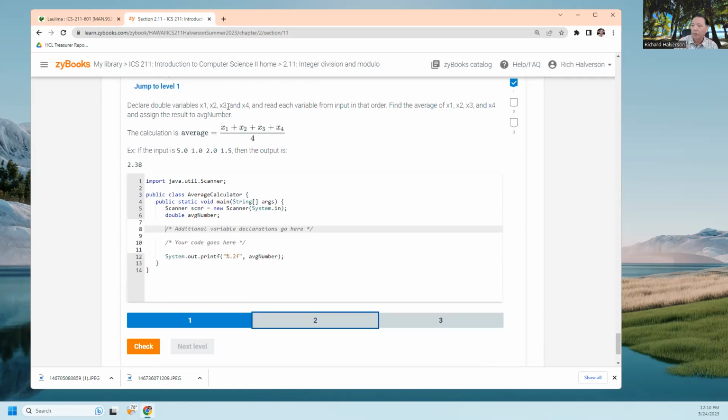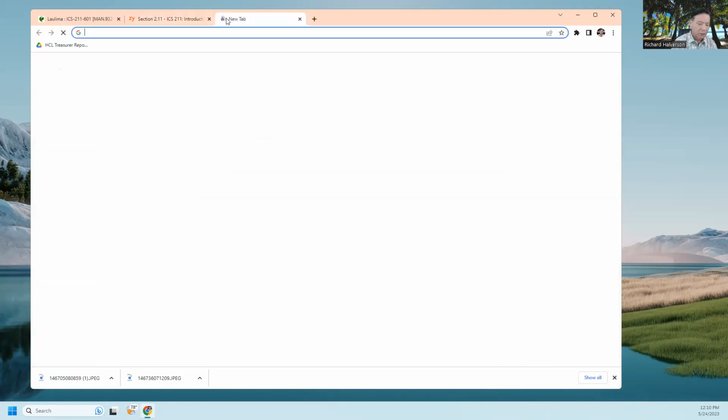Declare double variables. Oh, I get it. So I've got to declare a bunch of double variables. Can I declare multiple? I think I can in Java.